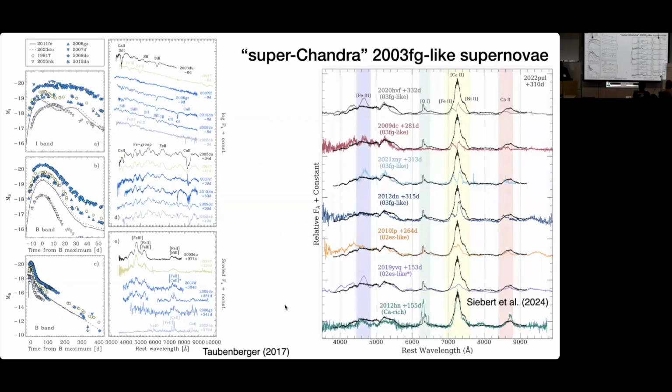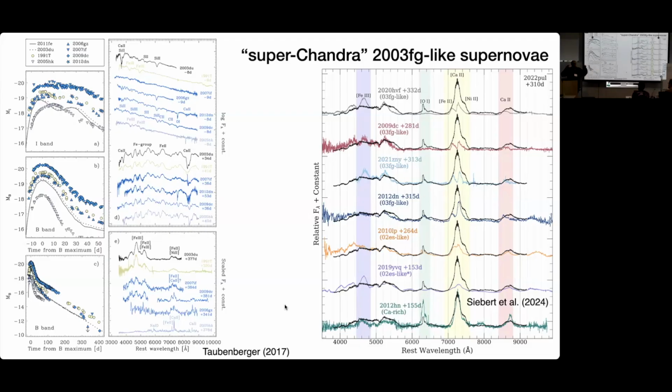There's another one. These are called super-Chandra because of the simple scaling relations that Brian showed you in the light curve. These are objects which have a pretty high luminosity and broad light curves. You can see compared to the normal ones, high luminosity and broad. That tells you there's a lot of nickel and there should be a lot of ejecta mass. If you do the calculation of the ejecta mass, it turns out to be more than 1.4 solar masses.